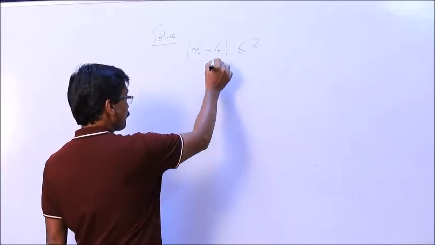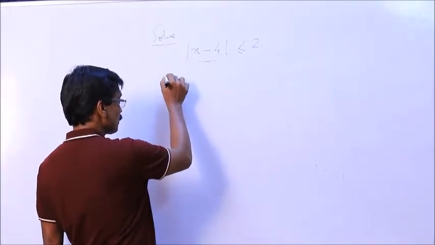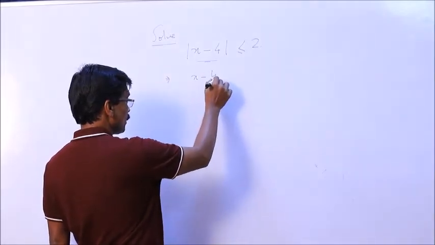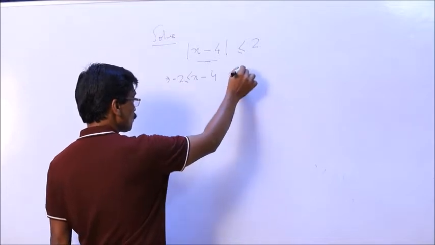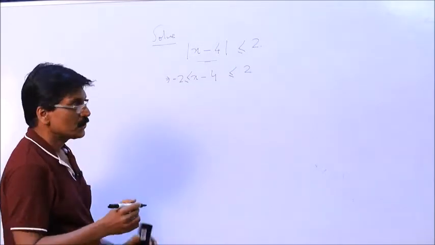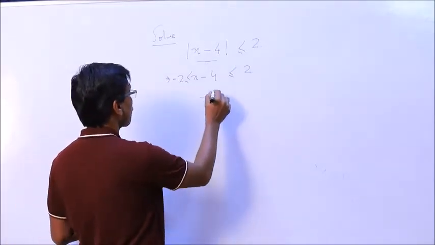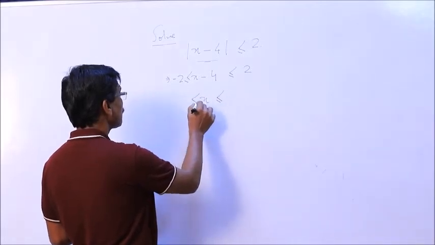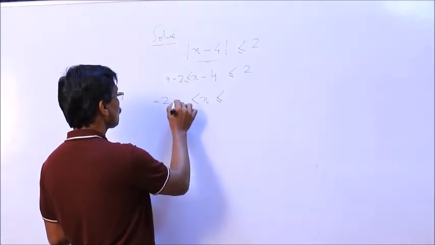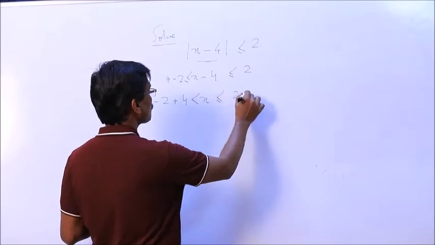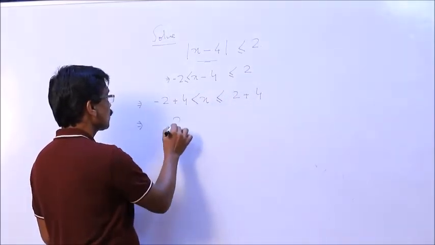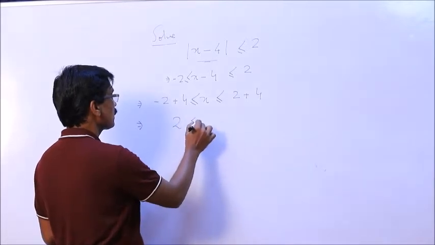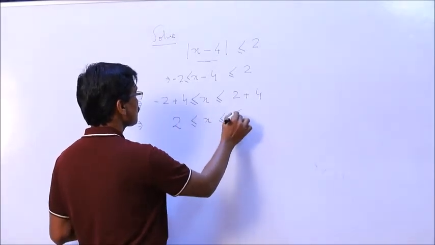If we omit the modulus sign, x minus 4 lies between minus 2 and plus 2. So, x lies between minus 2 plus 4 and 2 plus 4, that is 2 less than or equal to x less than or equal to 6.